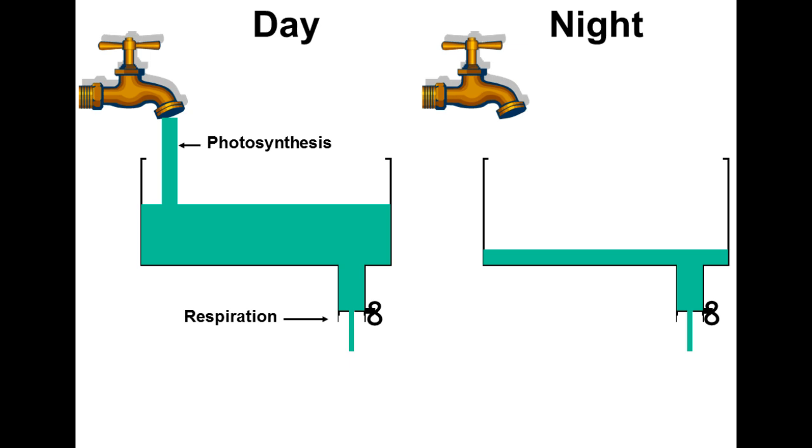Now what you needed to see from the previous slide is that most plants photosynthesize during the day because of the increase in available light and perform cellular respiration at night. So remember, they're using oxygen during respiration. So oxygen builds up during the day and is used up at night during respiration, which is shown in this slide.